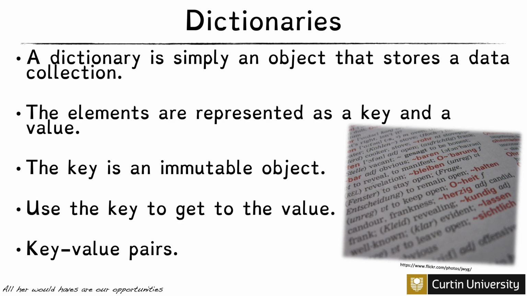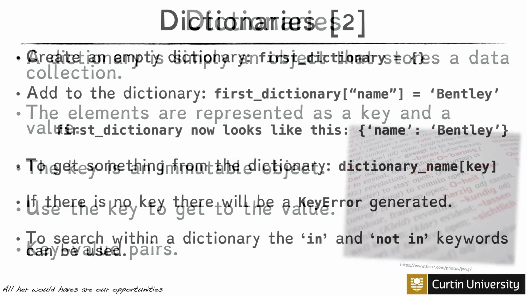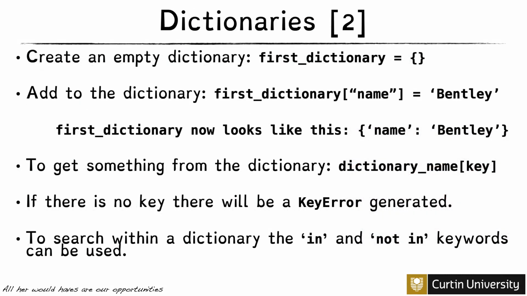Just like a dictionary, there is a key, which is the word, and the value is the meaning, the definition. And that's the same when it comes to Python dictionaries. Simple to use, very powerful. In conjunction with JSON and GeoJSON, really, really powerful.